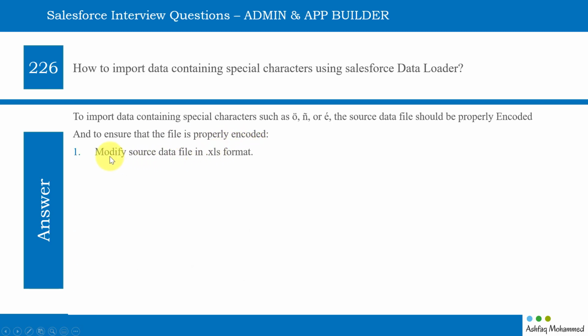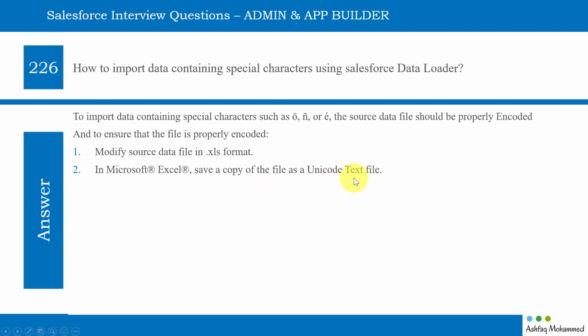To ensure the file is properly encoded, we have to do these steps. First, modify the source data file into .xls format. Then, in Microsoft Excel, save a copy of the file as a Unicode text file. So open the file in Excel format, place whatever data you have there, and then change the format to Unicode text. I'll show you how to do that.